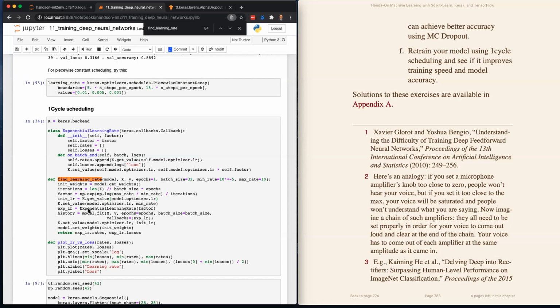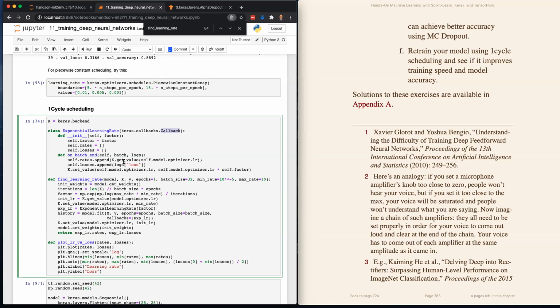What it looks like is, for one epoch, after each batch, you increase your learning rate from min rate to max rate. That's what the callback does. You can see on batch end in the above callback, exponential learning rate. You can see the function def on batch end.